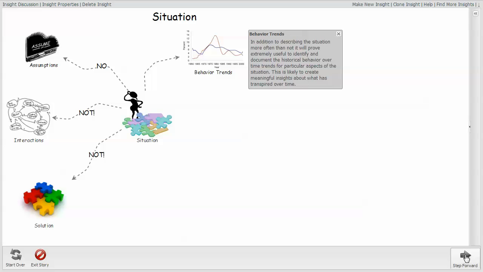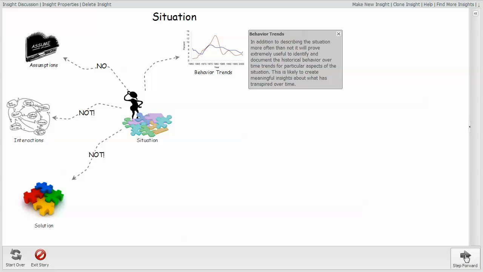And as those behavior trends or patterns evolve to a specific level, they finally get our attention, and we end up with a situation that we perceive that we need to do something about. So going through and identifying what those behavior trends are will help us develop, in the next step, an understanding of how the situation came to be the way it is.